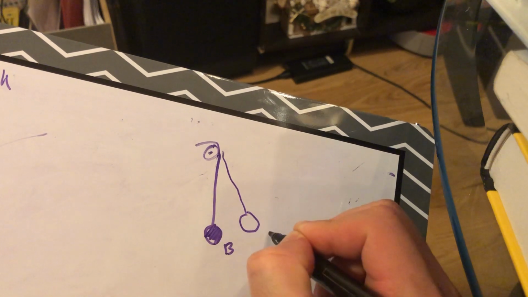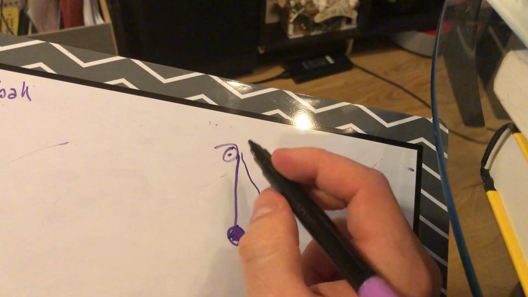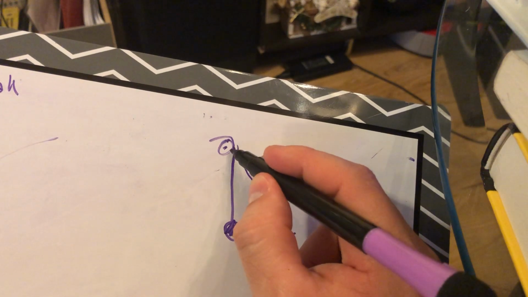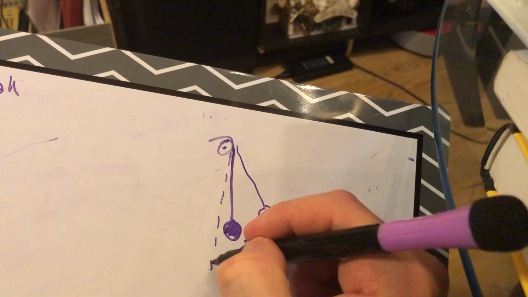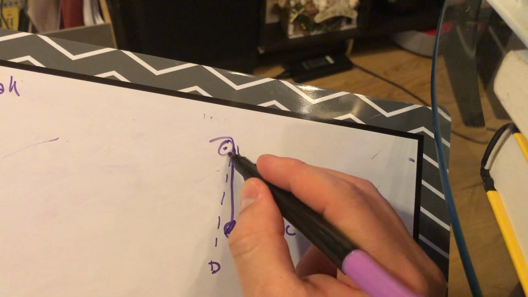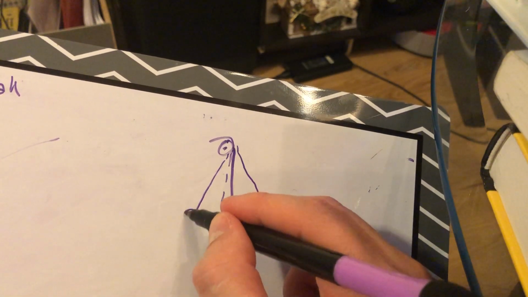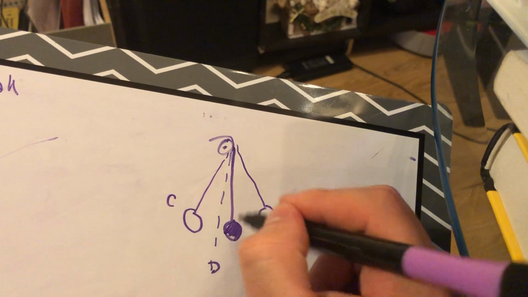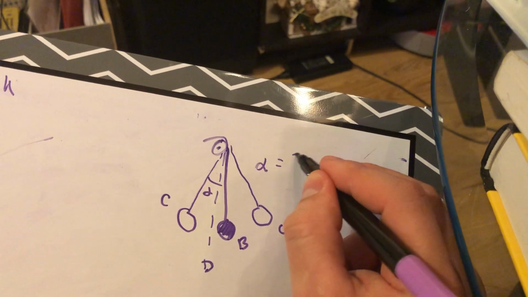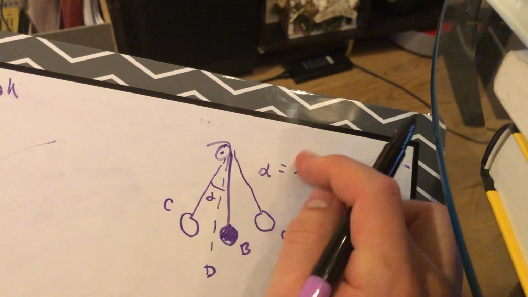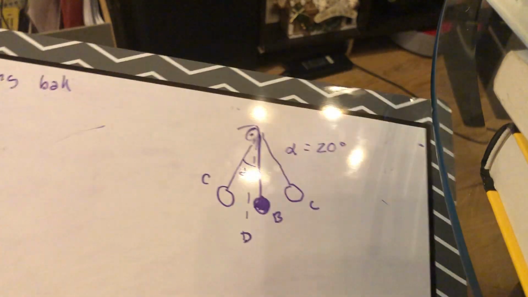We'll go here. And then straight down from the vertical is D. And then we have this guy here, and that's C. And this is equal to 20 degrees.